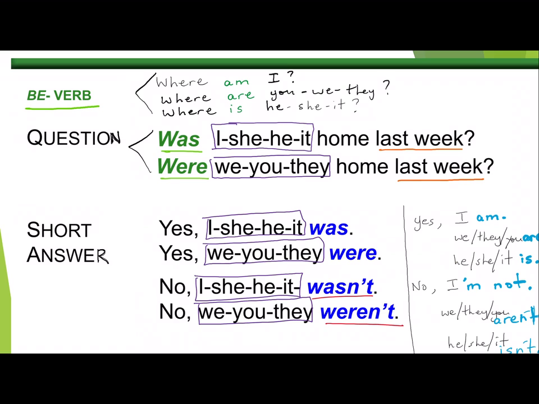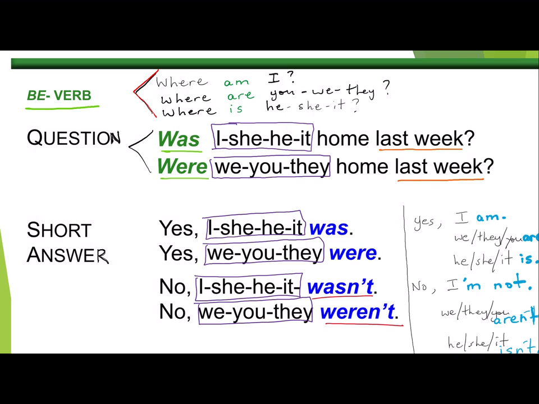What about the question form? Okay, you can see the word order for the question verb. Question form, where am I? Where are you? Where is he? In the past tense, we keep the same word order.